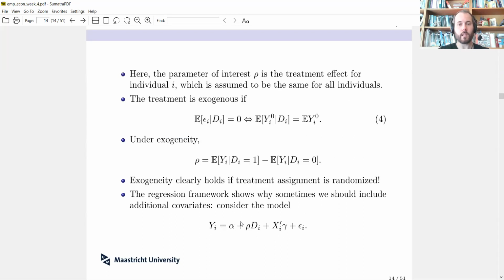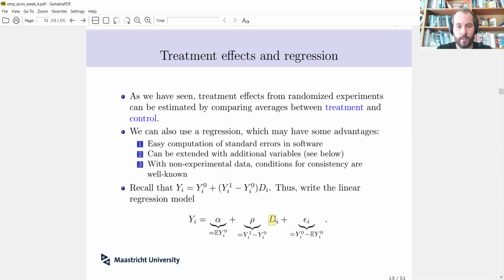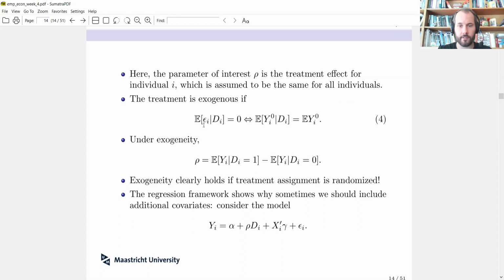So let's talk about our regression framework versus what we just learned about random experiments. In regression, we always care about the exogeneity of the explanatory variables, of our regressors. In this model, the only regressor is our treatment indicator. Exogeneity means that if we condition on the treatment indicator, this has to be 0.